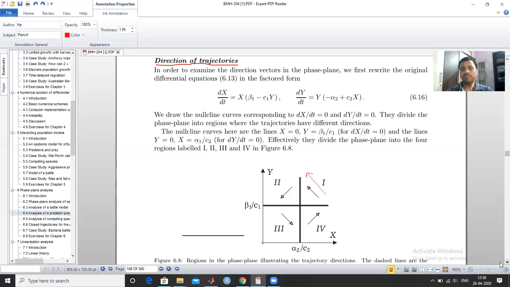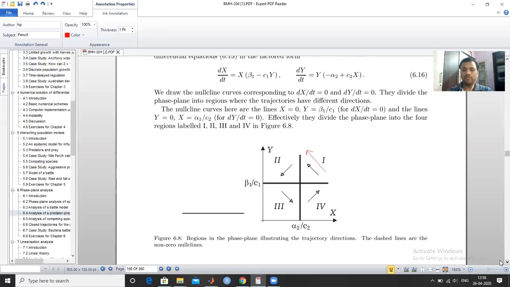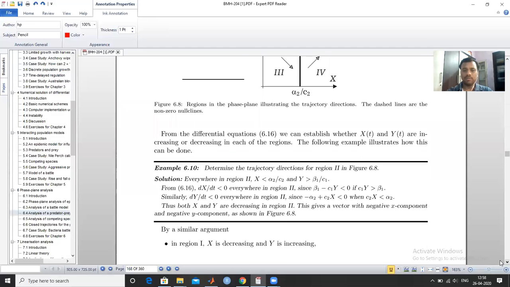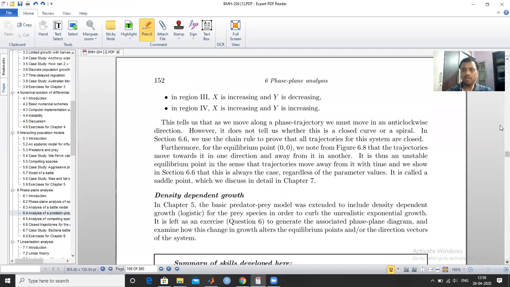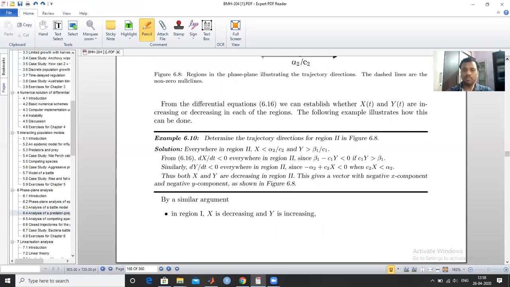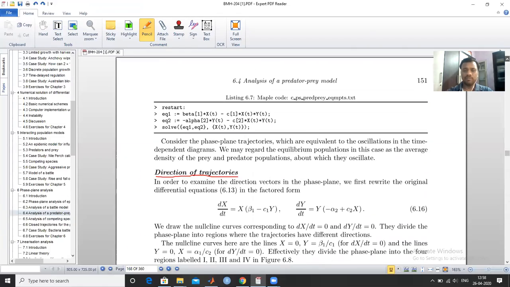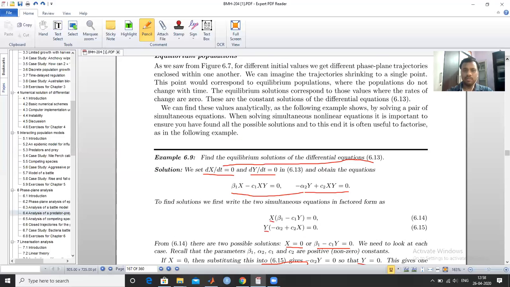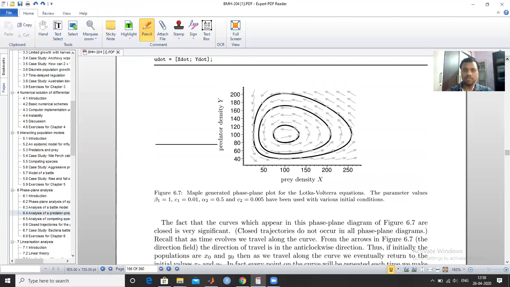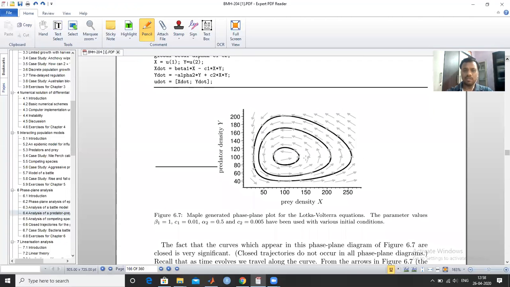Those trajectories will be found by the exact expression between x and y. You can find out the exact expression, and if you want, you can draw it by mathematical software or manually. So these are the trajectories, and these are given the directions.